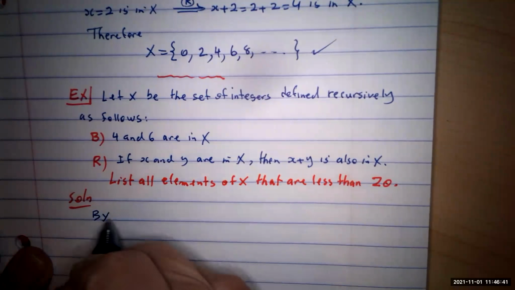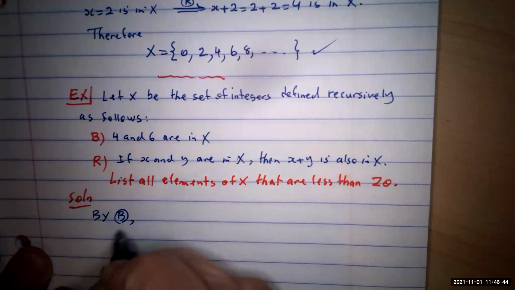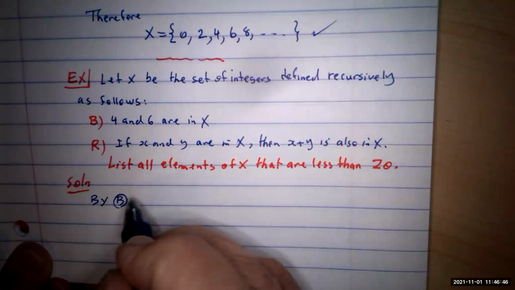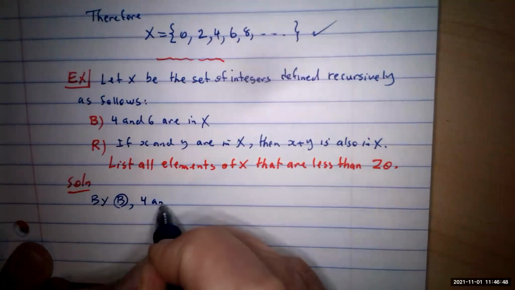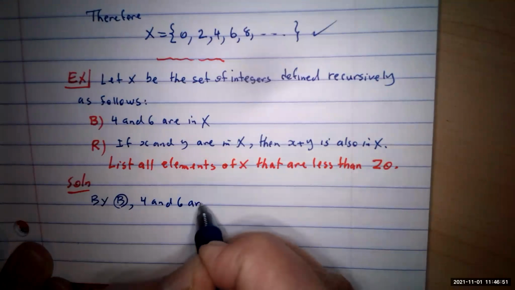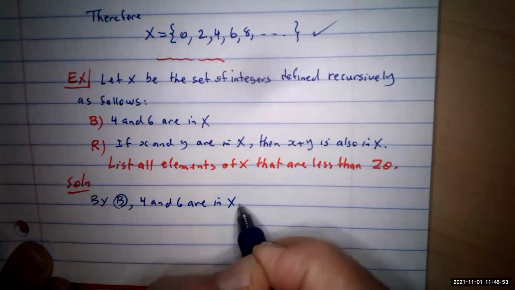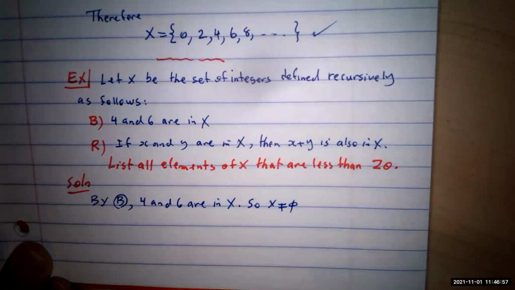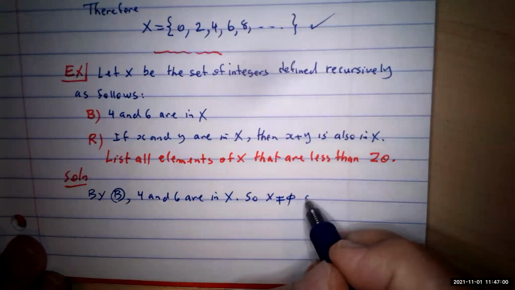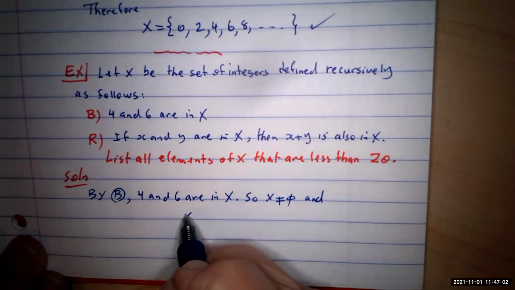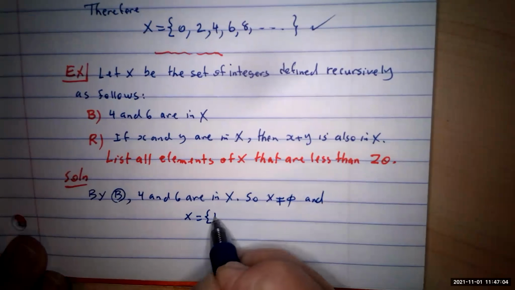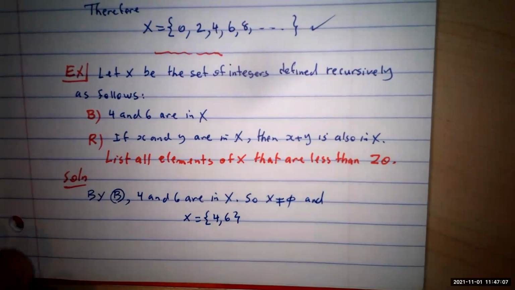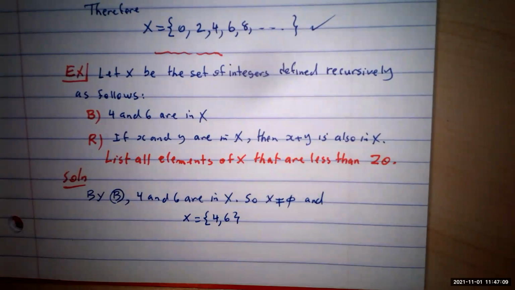By the basic part, you have to explain it, remember. 4 and 6 are in X, so X is not empty, and X so far is 4 and 6. We always apply the basic part to show that there is something.